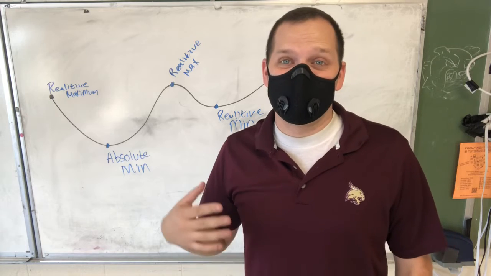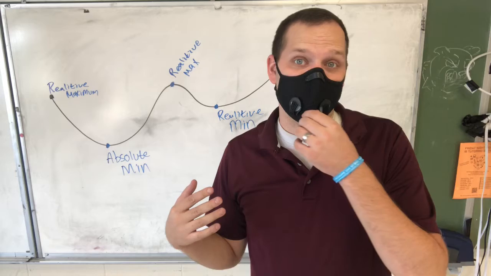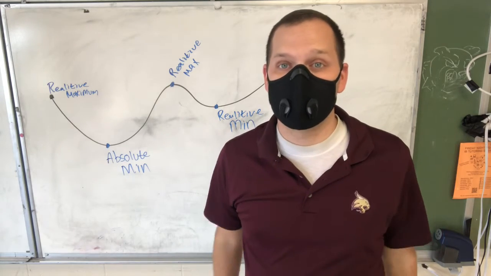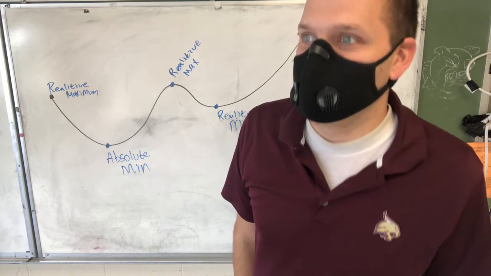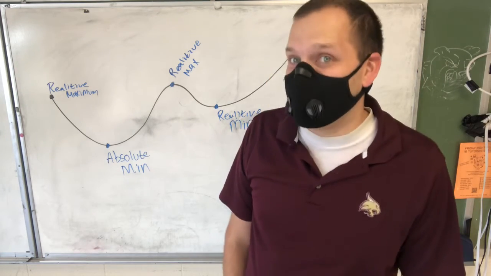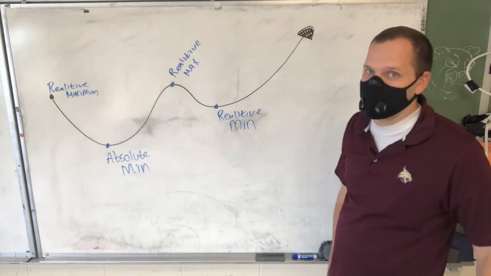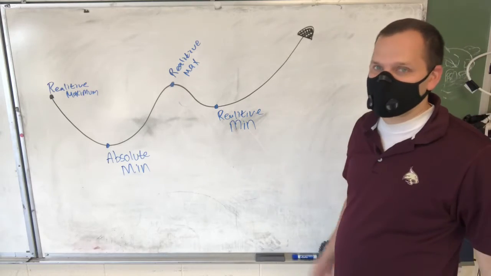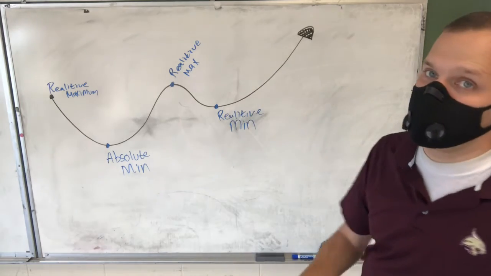So since there's not an actual maximum value, there is no absolute maximum, because infinity isn't absolute. If you say that 499,000 is the highest you get to, it's not the highest you get to. You can get higher and higher and higher. So there's no absolute number, okay? It's limitless. So this one just has relative maximums, no absolute maximums.